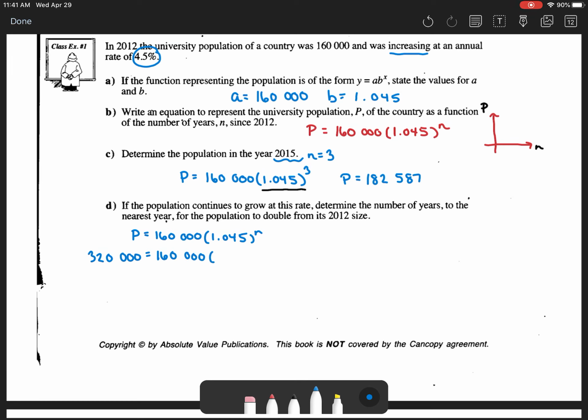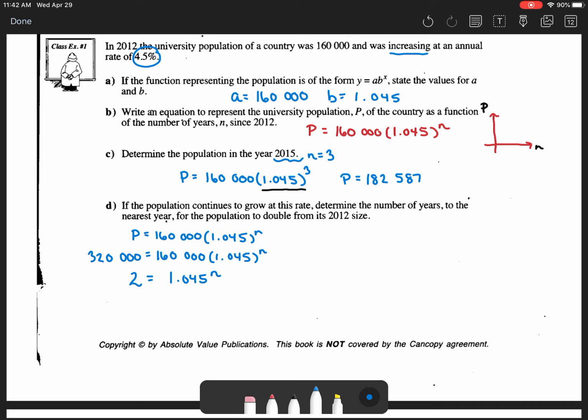And just like yesterday, what we do to solve for that exponent, which is our variable, is first I divide both sides of the equation by the a value, the 160,000. So when I go 320,000 divided by 160,000, that is simply going to be 2. So I now have 2 is equal to 1.045 to the exponent of n.